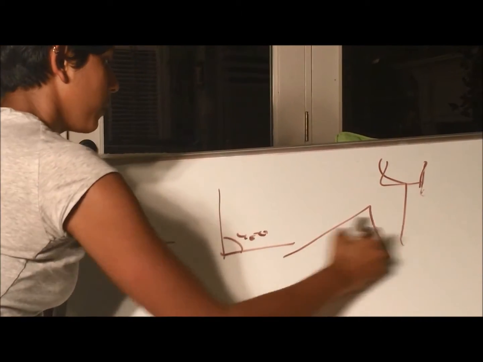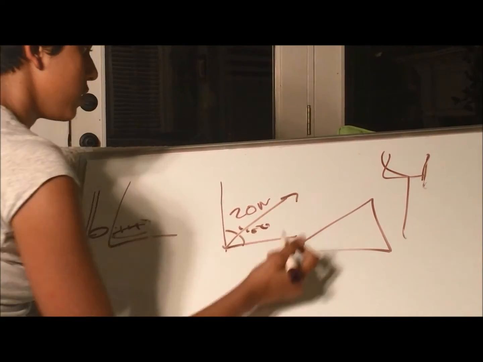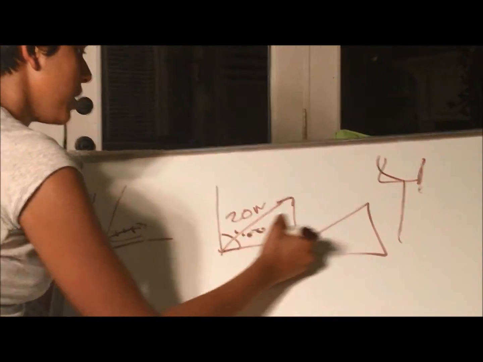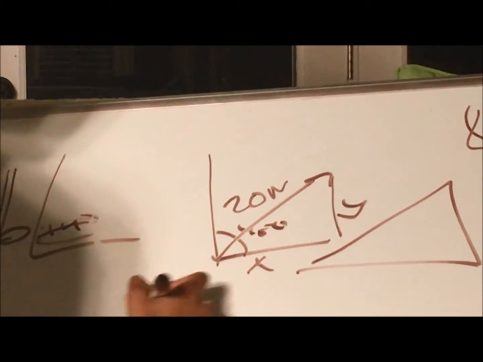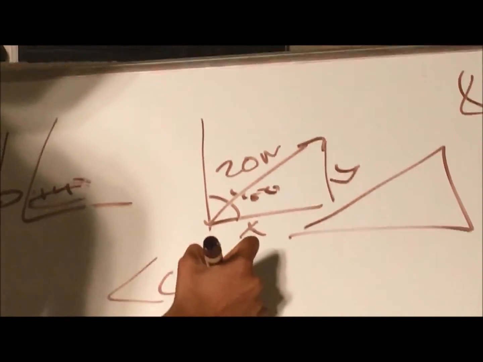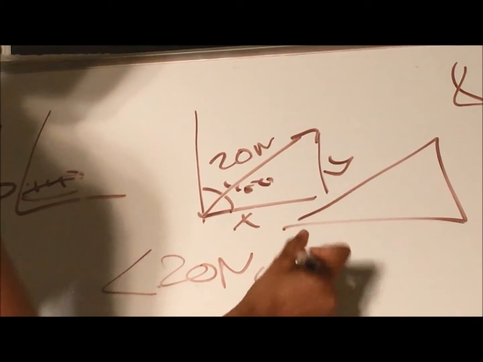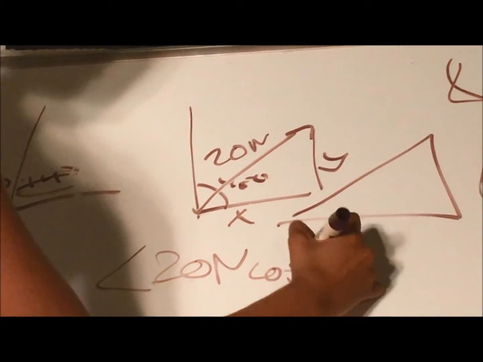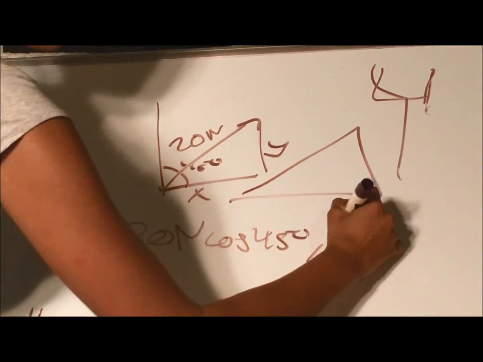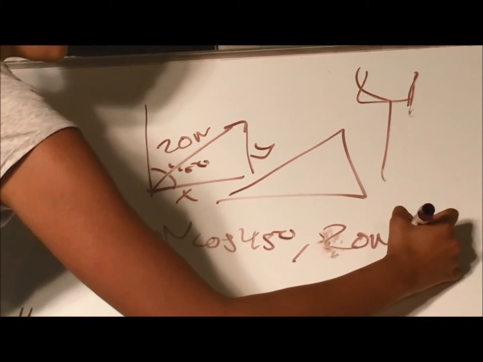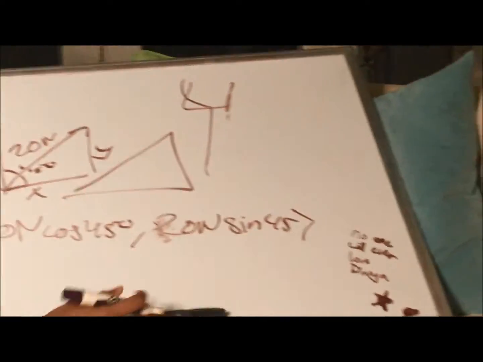You know you put 20 newtons of force in it, but how many newtons of force do you put in the x and y components? So what you would do is 20 newtons times cosine of the angle you were given, in this case 45 degrees, comma, 20 newtons times sine of the angle you were given.